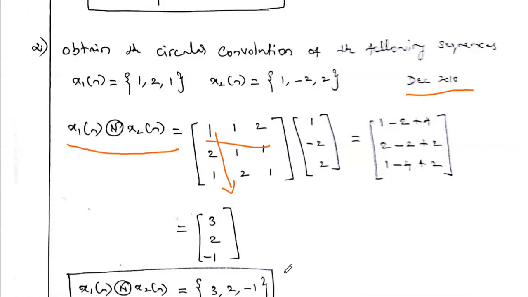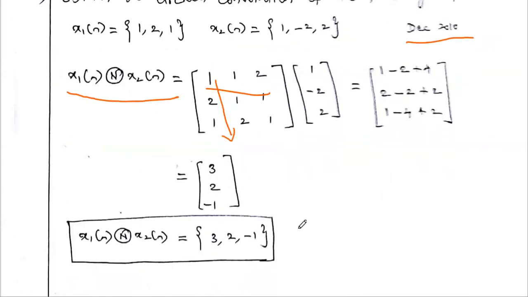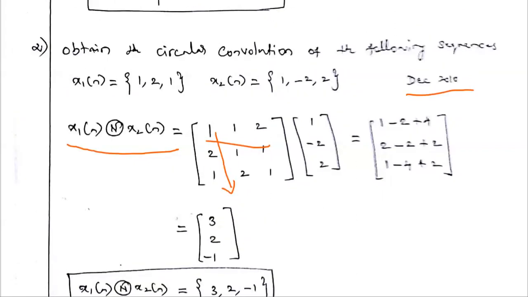So simply we may use this matrix method. The circular convolution problem is frequently asked as a 2 mark problem. And this circular convolution method is used to obtain the linear convolution output via circular convolution. We will solve it with the overlap save method and overlap add method in the next videos.